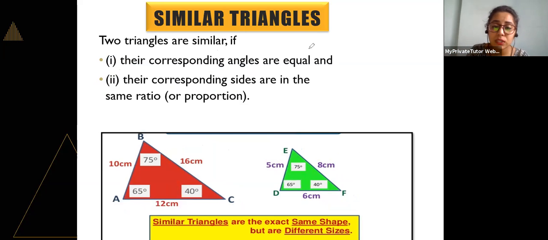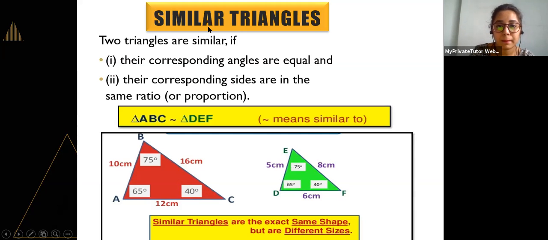DEF is quite smaller if you compare it to triangle ABC, right? So therefore, triangle ABC is similar to triangle DEF.